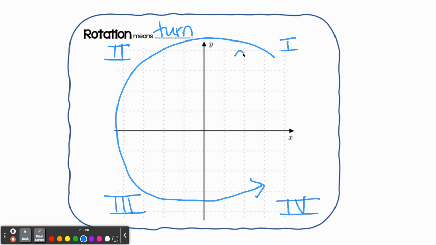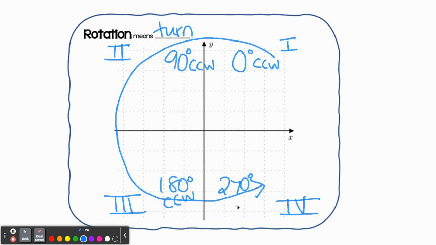When I rotate my shape, we always start at 0 degrees, then 90, 180, and 270. Since we're writing our degrees, let's go ahead and write that these were rotated counterclockwise, which means to the left. So if I rotate 90 degrees counterclockwise, this would be my rule. 180 counterclockwise, 270 counterclockwise. Right now, we're rotating all of these to the left.